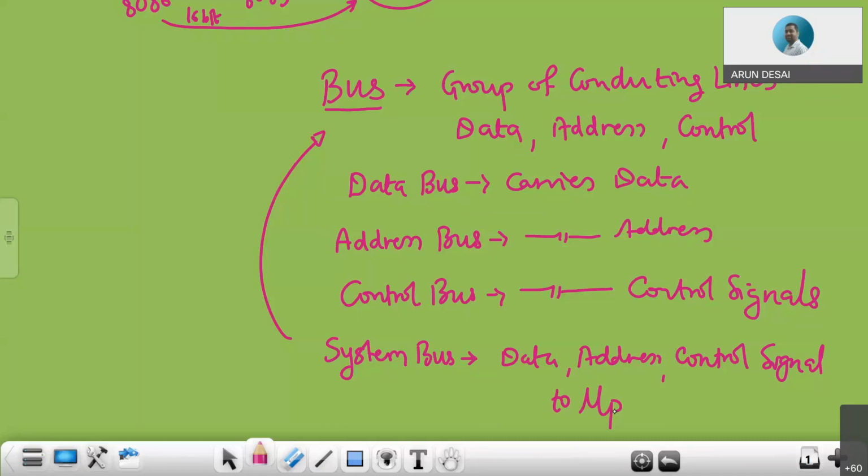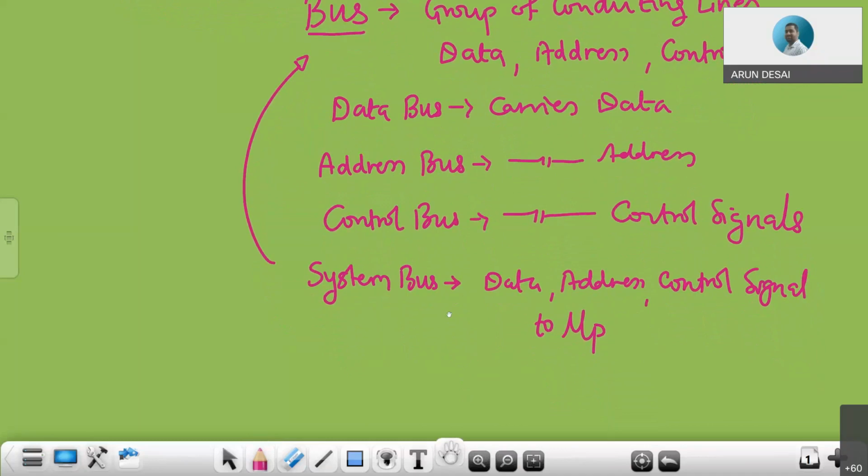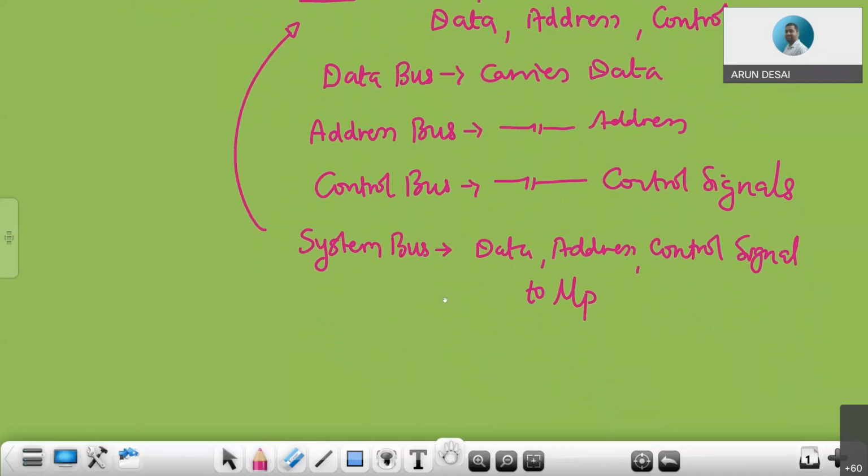The basic differences are few there. I'll tell you as and when it comes in your syllabus, right? But for the time being, just keep these terms in your mind. One more is called CPU bus.